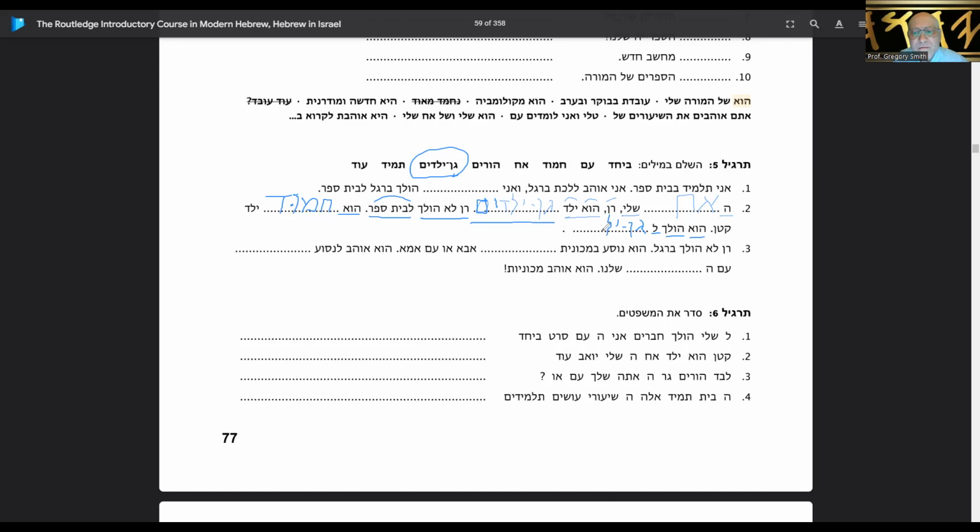The kindergarten. Okay, so legan yeladim. Okay, so hu holek legan yeladim. So he goes to kindergarten. So that raises the prospect of what fits in here. Is it still?